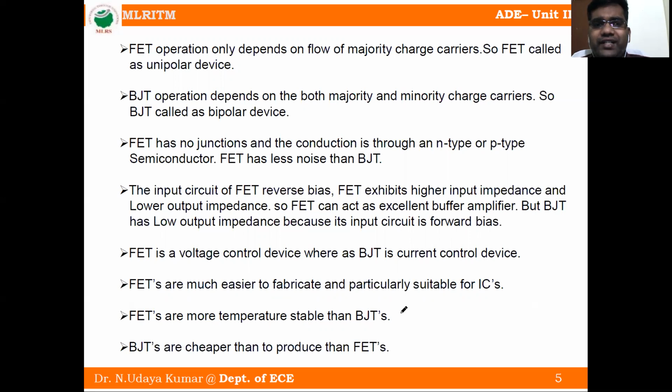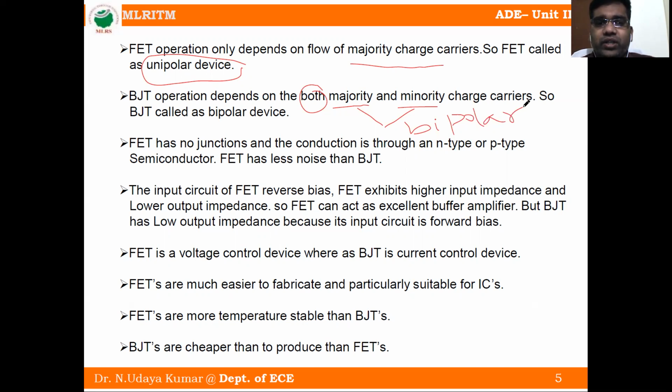So FET is called a unipolar device, because it depends only on majority carriers. BJT operation depends on both majority and minority carriers. That's why we call it bipolar.